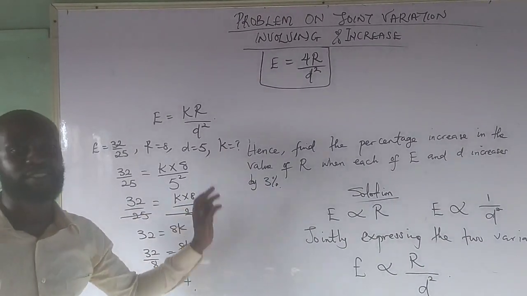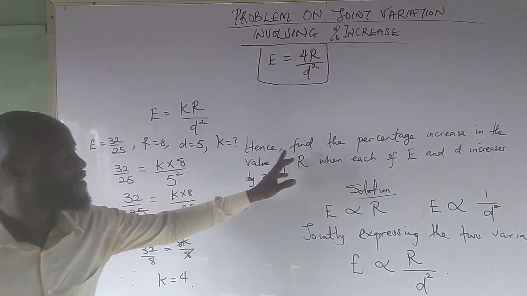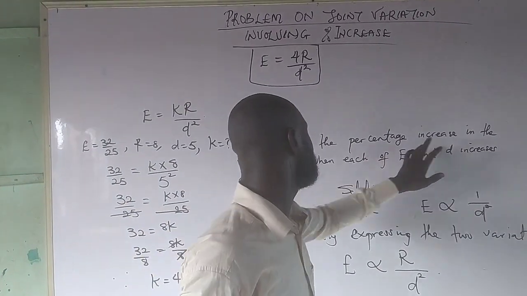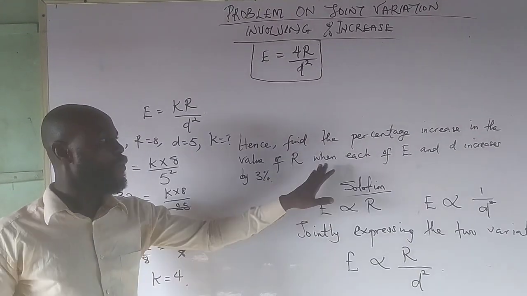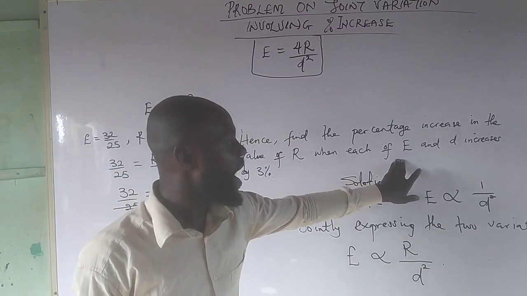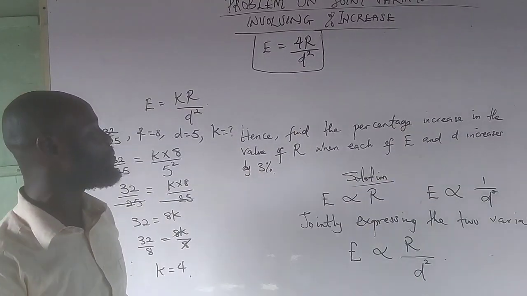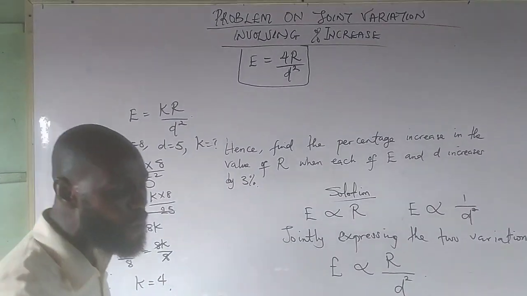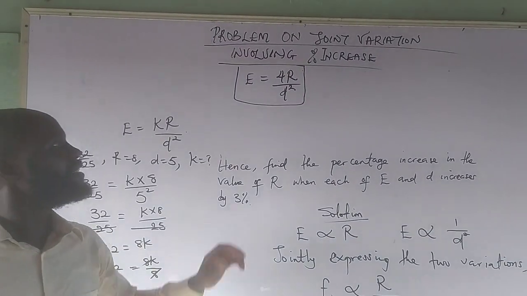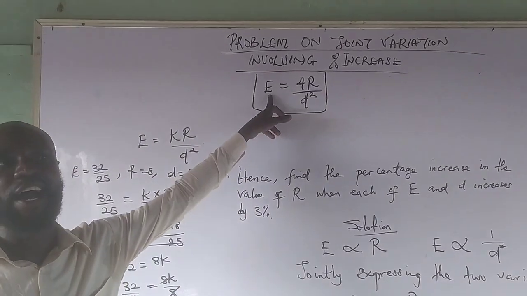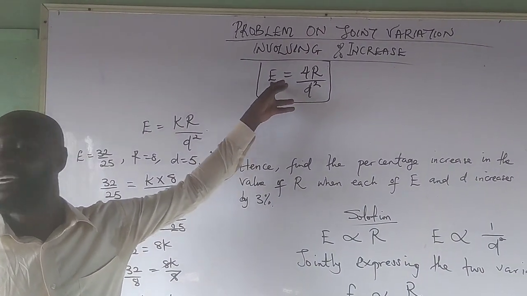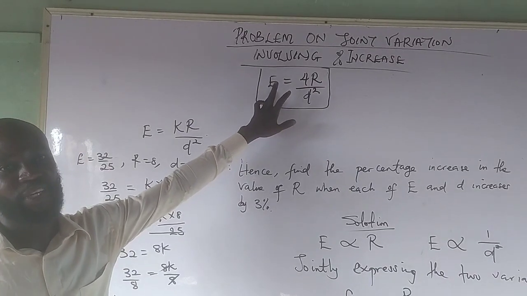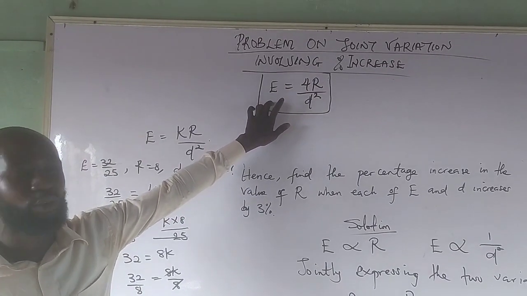The second part states that, hence, find the percentage increase in the value of R when each of E and D increases by 3%. Now the question we are going to ask ourselves is, in this equation, the E here is written independently, standing alone.